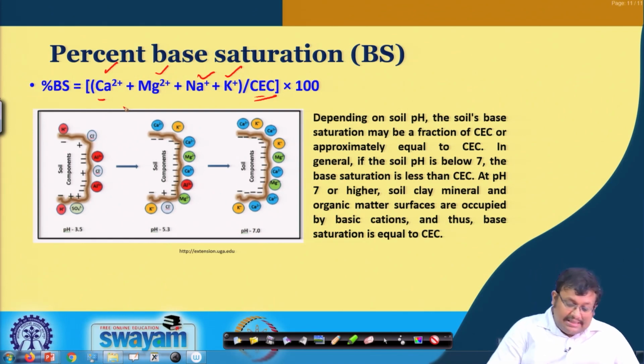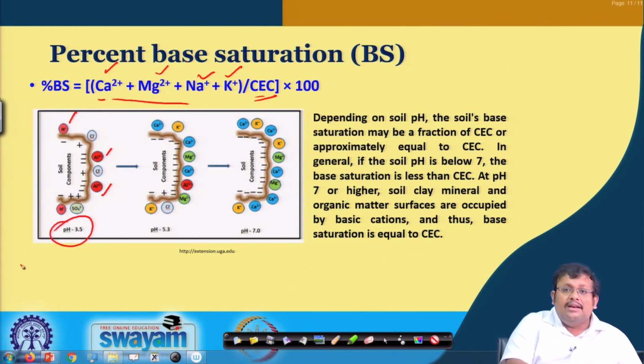In this picture you can see that in acidic conditions the exchange complex is occupied by Al3 plus as well as H plus ions, and for calculating the CEC we count not only the Al3 plus and H plus, but also calcium, magnesium, potassium and sodium, which are present in very minute amounts in this highly acidic condition. So, obviously, the percent base saturation will be very low.